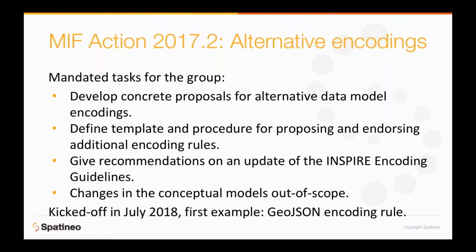Then we take what can be learned from how the GeoJSON encoding rule went, and apply it to the guidelines for the following alternative encodings also. So it's a kind of pilot for creating this, and we're using GeoJSON as an example for an alternative encoding.